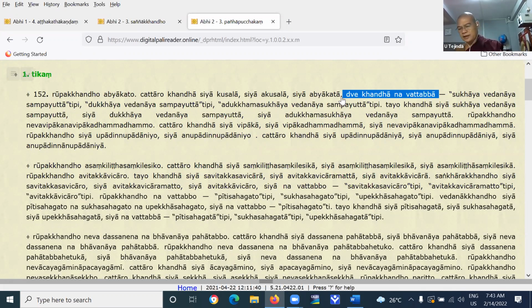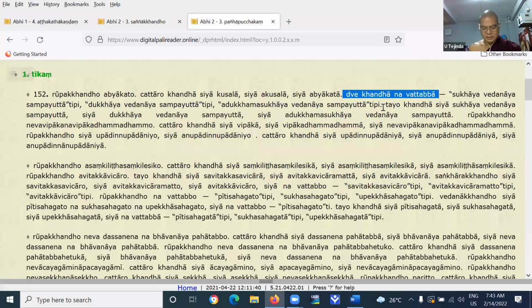What are the two khanda? Among the five khanda, two khanda should not be said to be either sukhaya vedanaya sampayutta, dukkhaya vedanaya sampayutta, adukkhamasukhaya vedanaya sampayutta. Which are the two? Please, the question goes to you. Do you know those two?